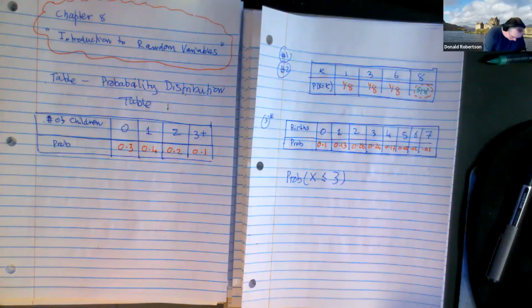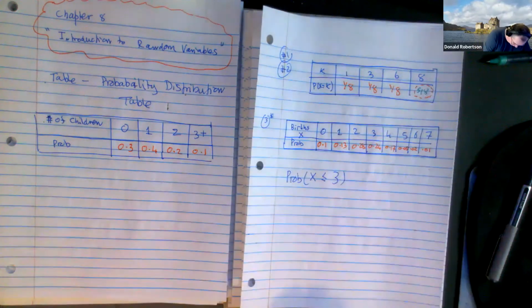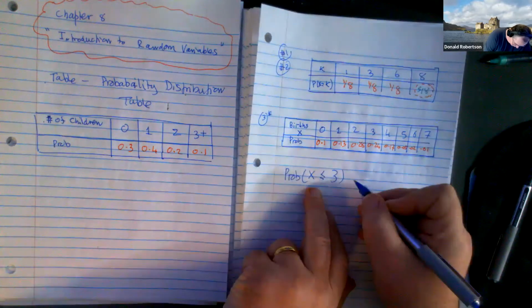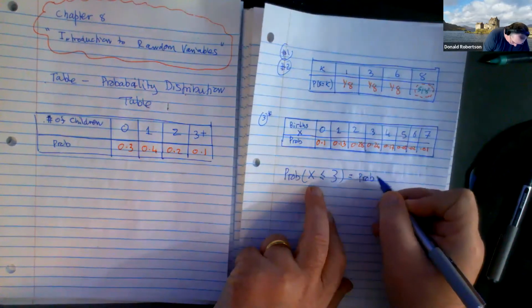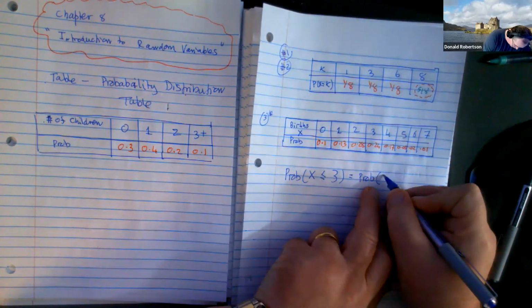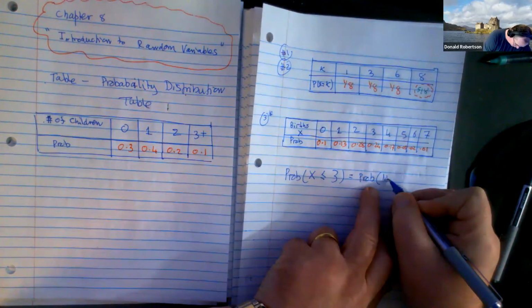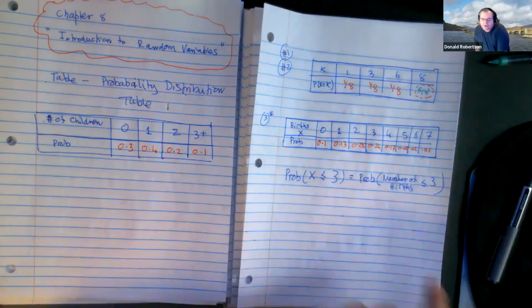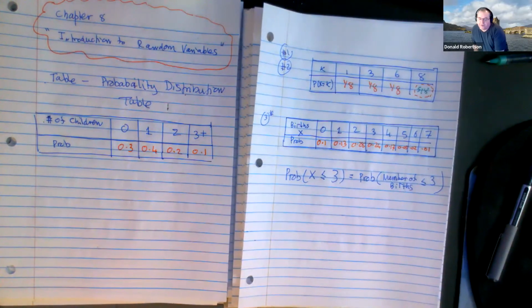X is basically those guys. So if you wanted to turn this into English, it would be something like, what's the probability that the number of births is less than or equal to 3? Does it make more sense when you put number of births down than x?